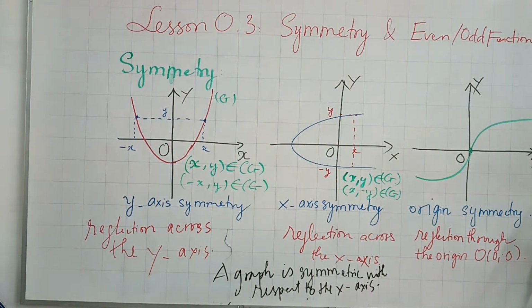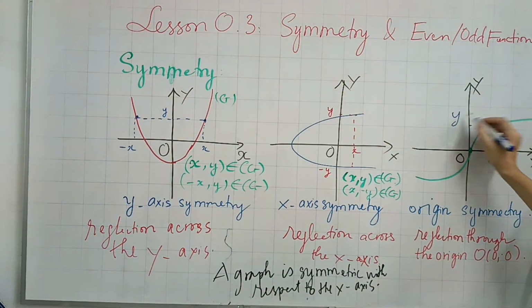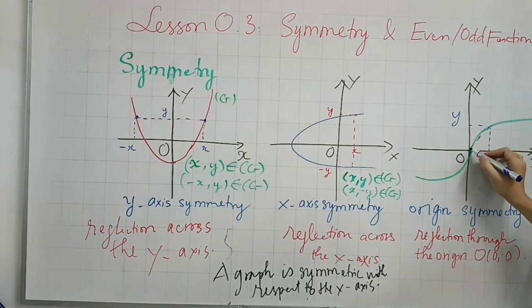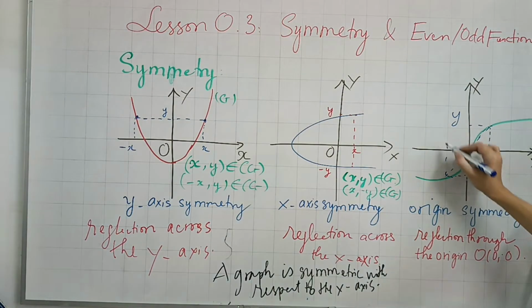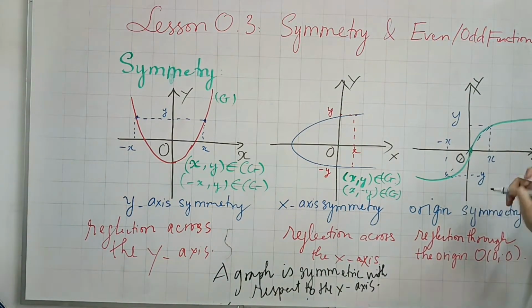When we take a point (x, y) that lies on the graph, the point (negative x, negative y) also lies on the graph too.